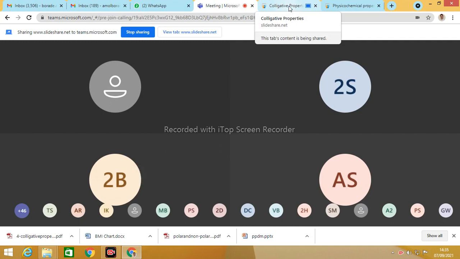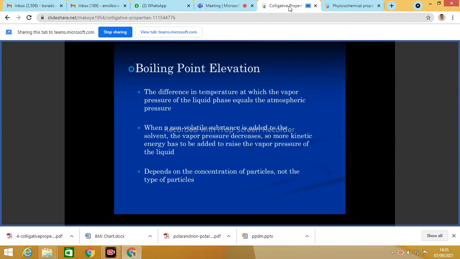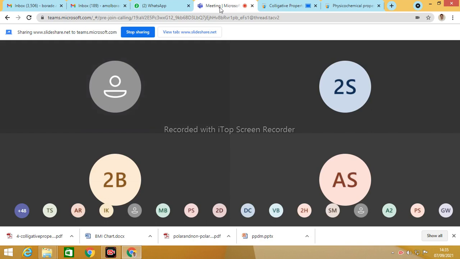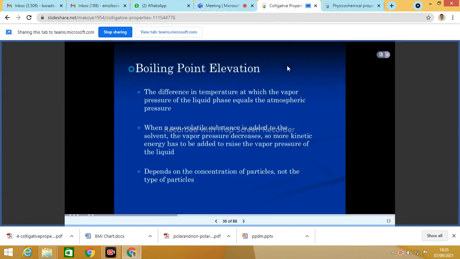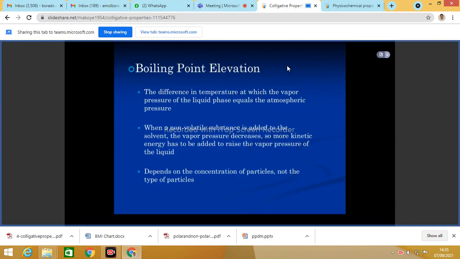Yes, sir. So now let us see what is meant by elevation of boiling point as an example of colligative property. For that, you need to imagine one beaker containing simple water, another beaker containing water plus sugar, meaning sugar solution.